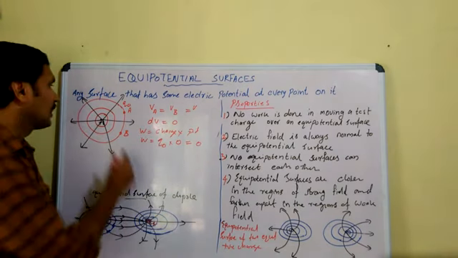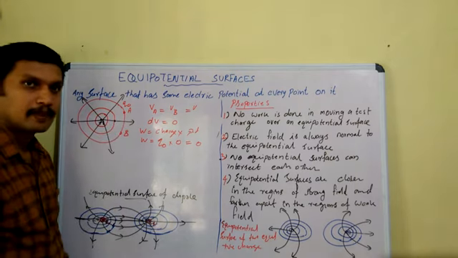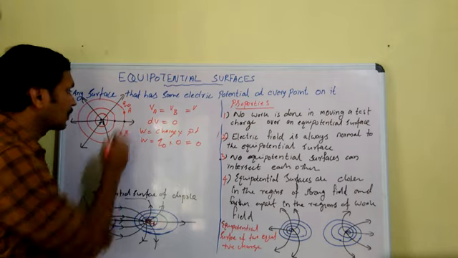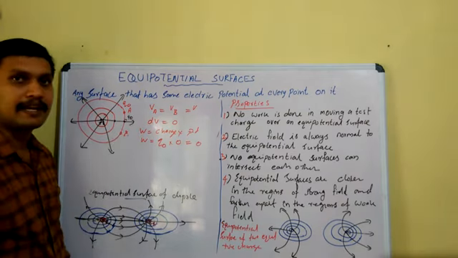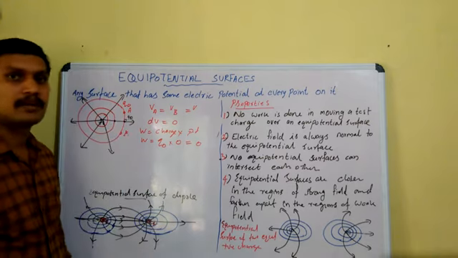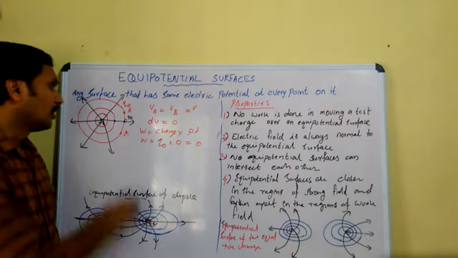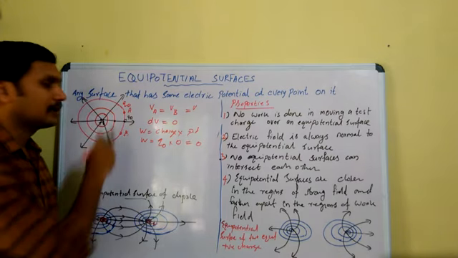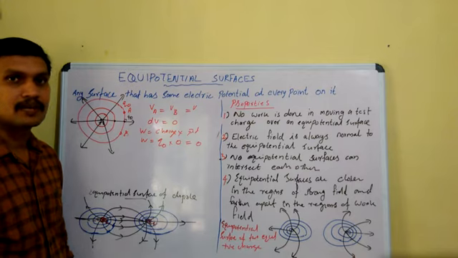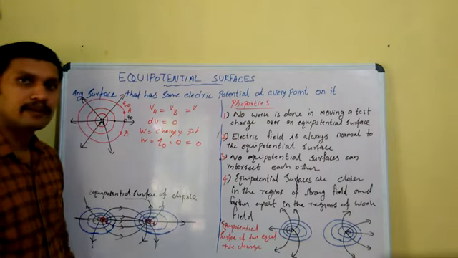You will see that at every point on the equipotential surface, the electric field lines are normal to it. That is, the angle between the electric field line and the surface is 90 degrees. So we can say the electric field lines are always perpendicular to the equipotential surface.